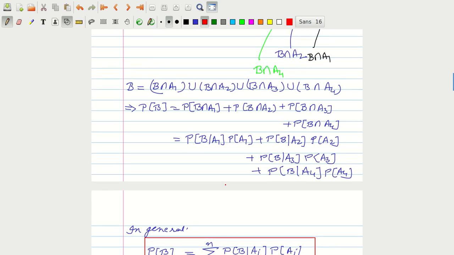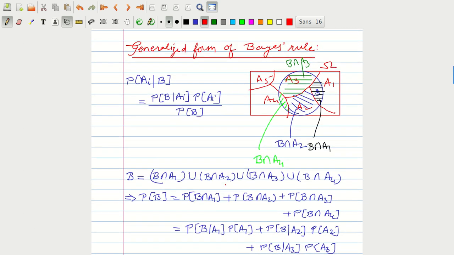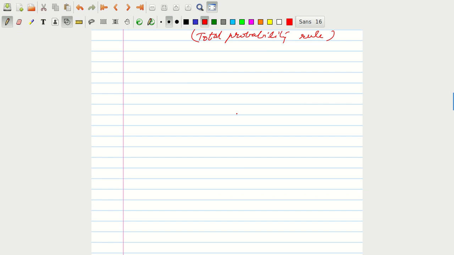Substituting this expression back into the expression for Bayes rule, we get the more generalized form of the Bayes rule.